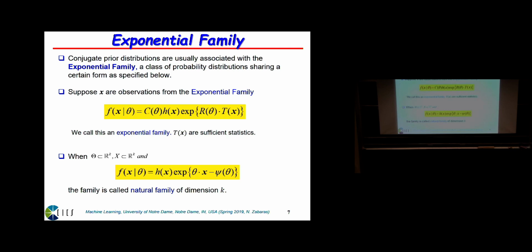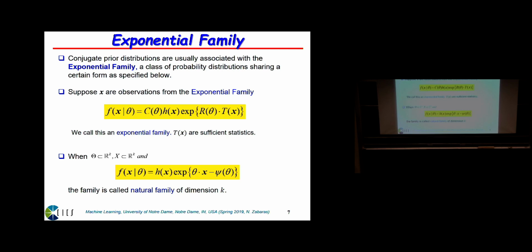Theta are the parameters in the model. There's some function of theta, some function of the data x. And then there is this important term, that's why we call this exponential: the exponential of r of theta, which is a vector, dotted with t of x, which is in general a vector function of x.